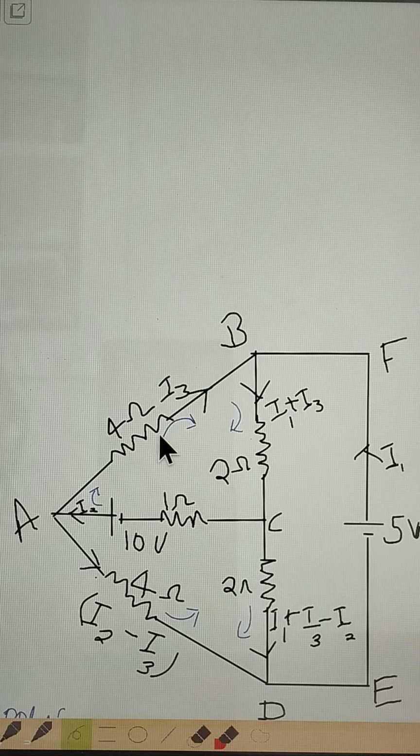For a preferred direction of current, the algebraic sum of products of current and resistance is equal to the EMF of the cell in that loop.